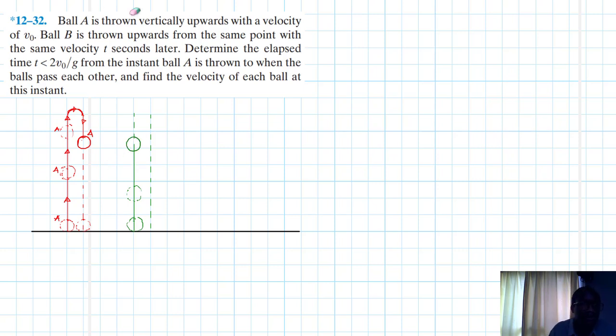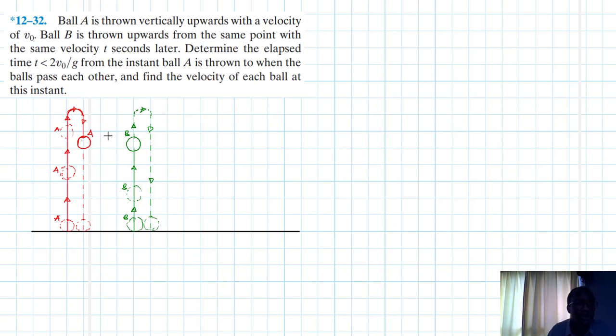Of course, we expect this ball later on to go through this same motion, going up, and eventually it will come down. But we are interested at this position, ball B.